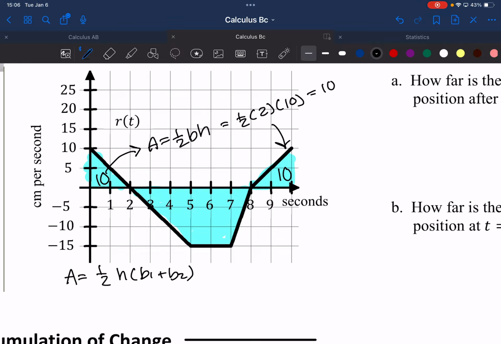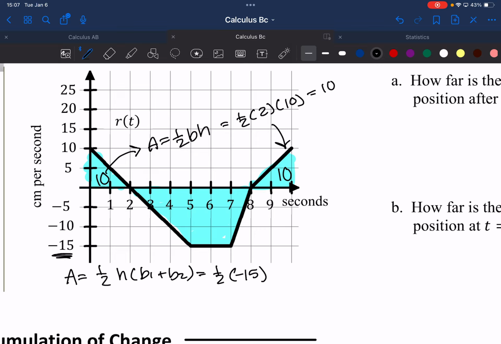So plugging in our information, we have 1/2. What would be the height in this case? Good, negative 15. It goes down to the negative 15 here. So we would include that negative 15. So remember, our area is supposed to be negative. So it makes sense to have that negative 15 in there.